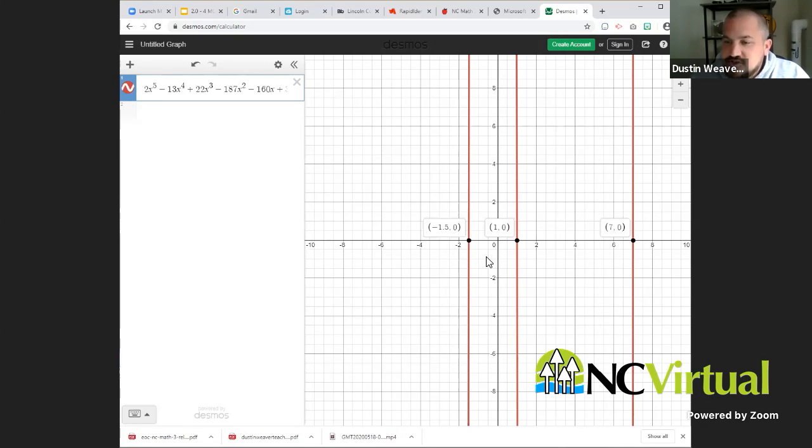Remember, a real zero is just when it crosses the x-axis. So when I ask you how many real zeros there are, I'm just asking you how many times it crosses the x-axis. And yes, it crosses the x-axis 1, 2, and 3 times. So there are 3 real zeros.